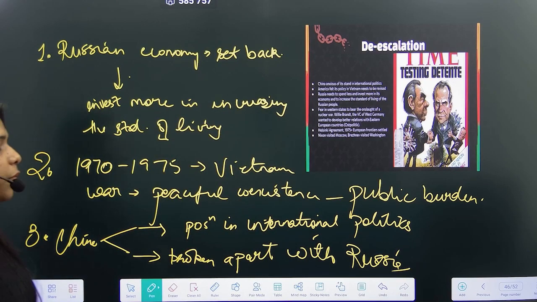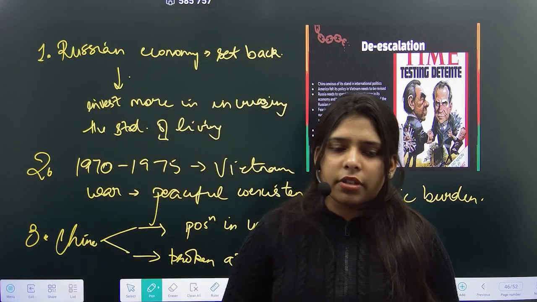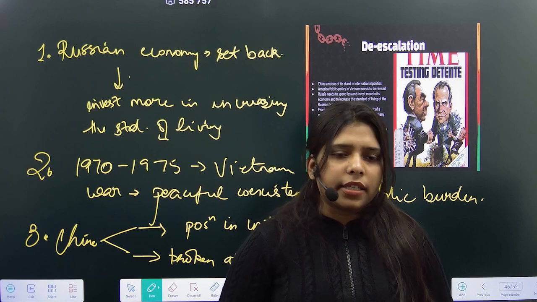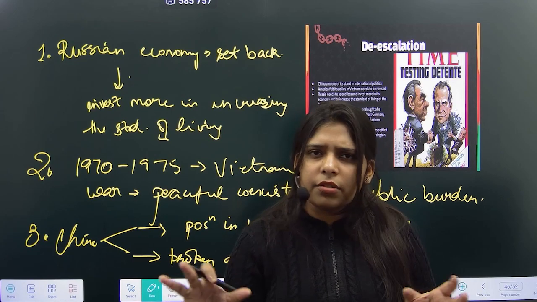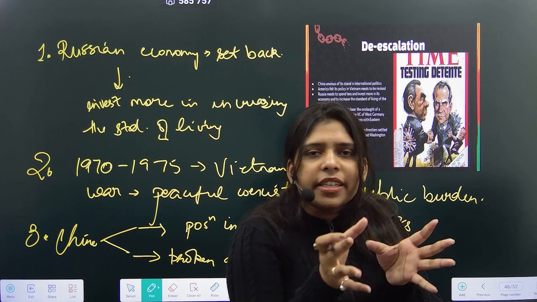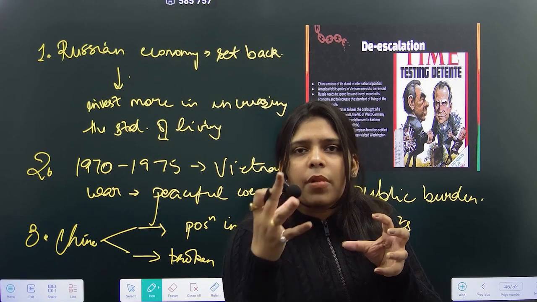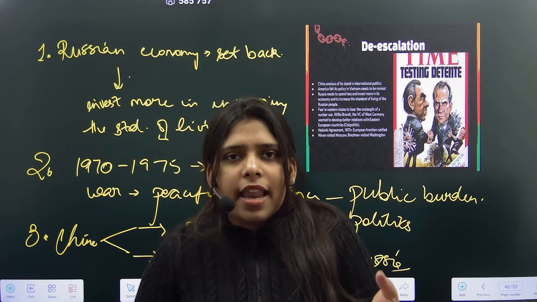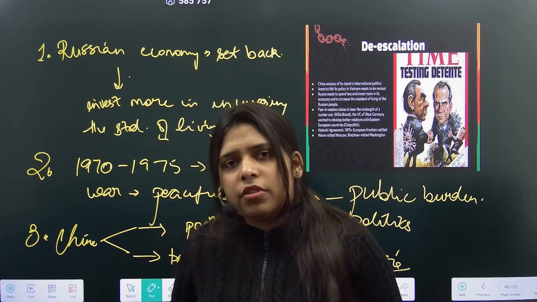Russia started to take a very lenient stand on communism, and the communism they were practicing was bending towards a friendlier form. So China felt that Russia is altering the things taught by Lenin and Marx. The communism taught by Marx and Lenin is being altered by Russia.